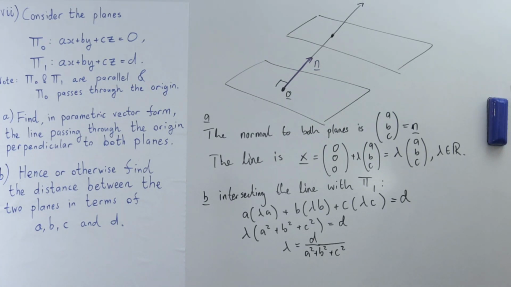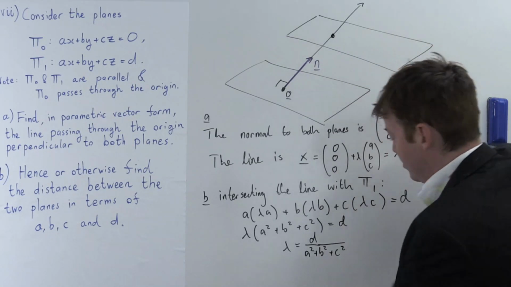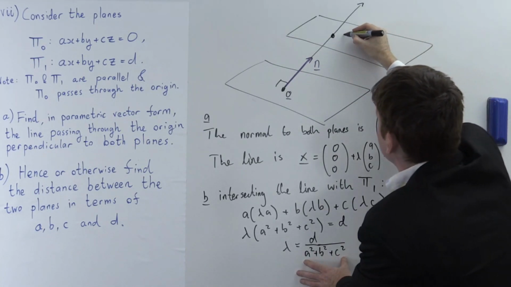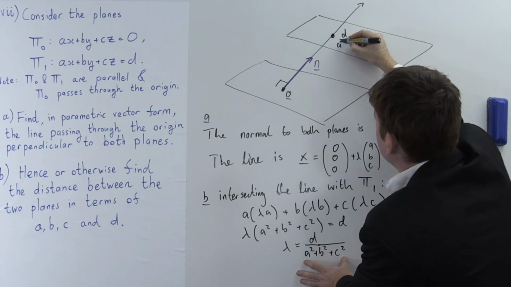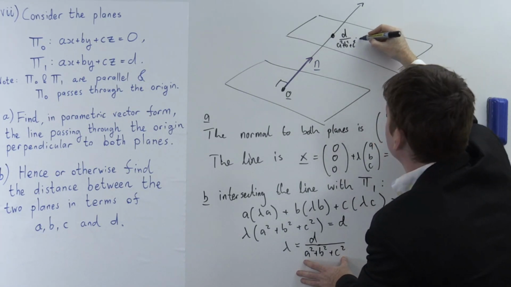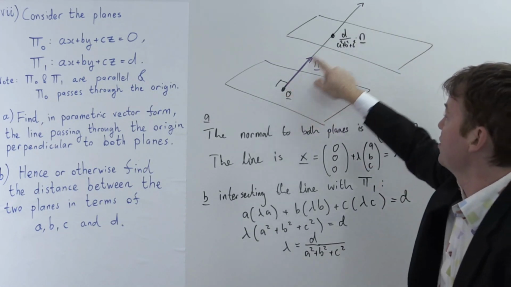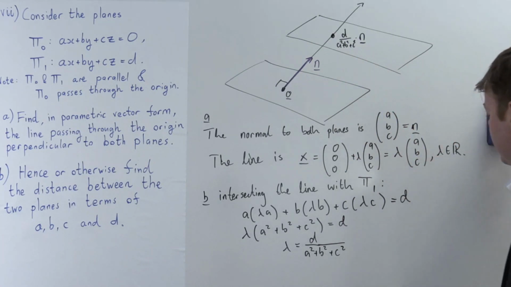And hence I know what this point is. It's lambda, d on a squared plus b squared plus c squared, times my normal vector. And now I just need to find the distance from here to here, which is the length of this vector.